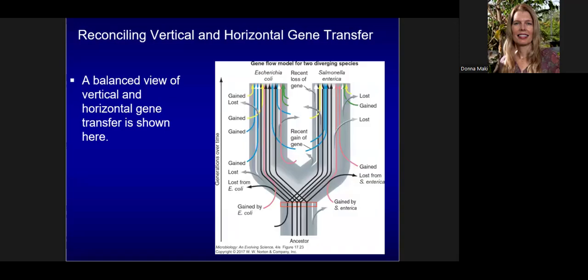And here, again, I like this idea too, where they're showing two examples with microbes, Escherichia coli and Salmonella enterica. What I like about this image is that they are talking not only about genes being gained.